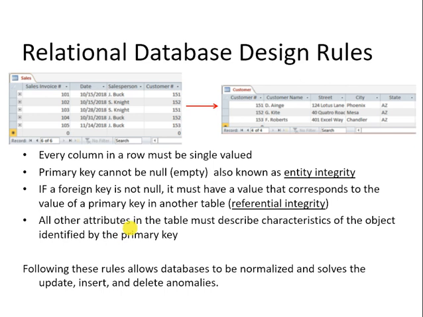All other attributes in the table must describe characteristics of the object identified by the primary key. For example, the primary key in this sales table is 101 for its invoice. All the rest of the information describes invoice 101: the invoice date, the salesperson for that invoice, and the customer for that invoice.